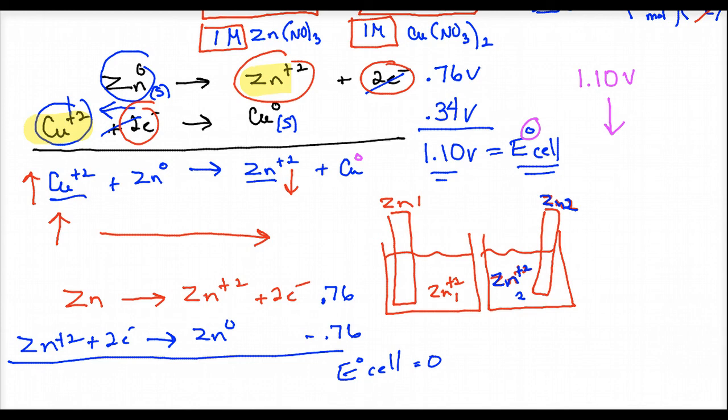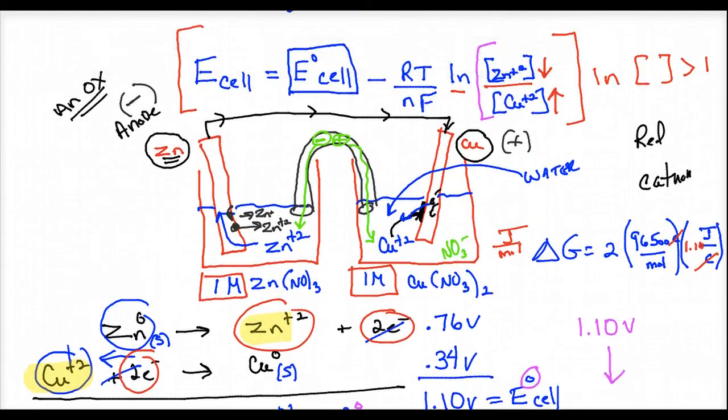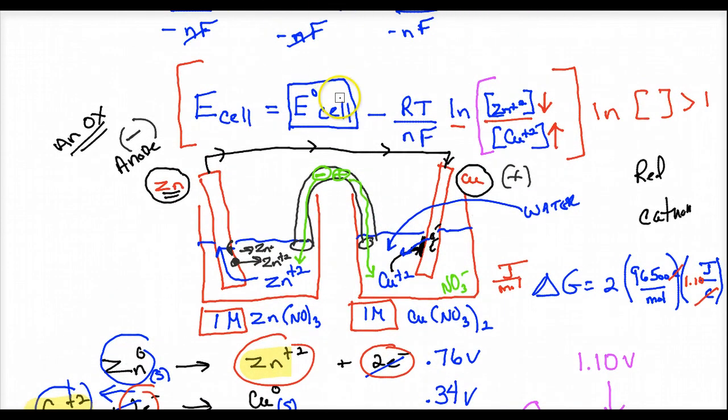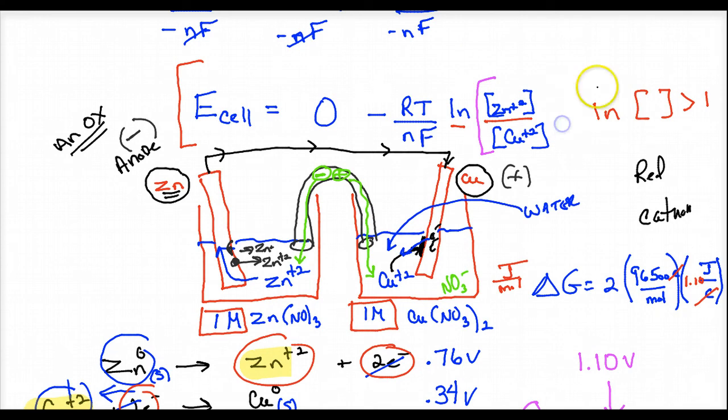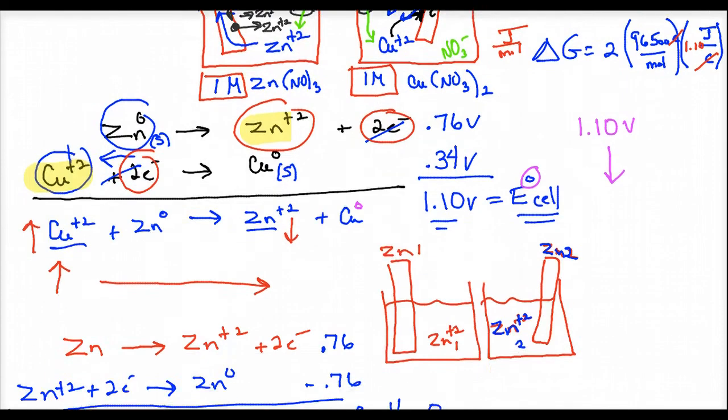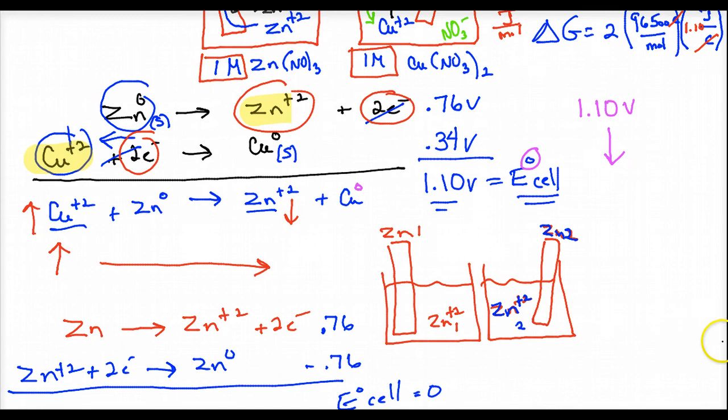Well, let's go back to our Nernst equation. If this goes to a 0, then all I'm left with is the rest of this. So I can't have equal concentrations. The ln of 1 is 0, and all of this becomes 0, E is E0 cell. So if I have equal concentration, if I had 1 molar and 1 molar, it's not going to work. What concentration will work? Well, think with me for a second.